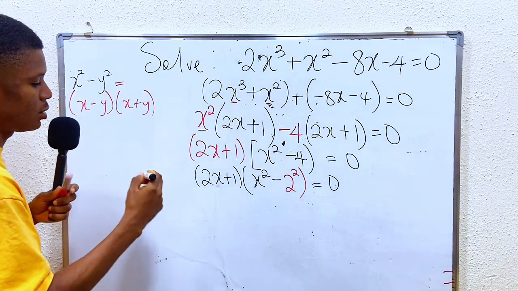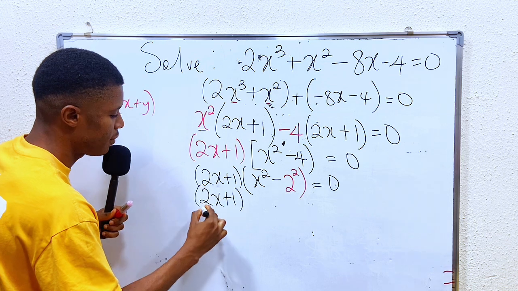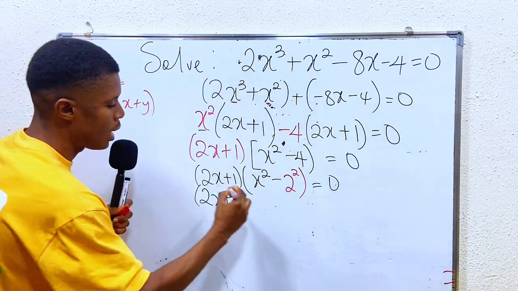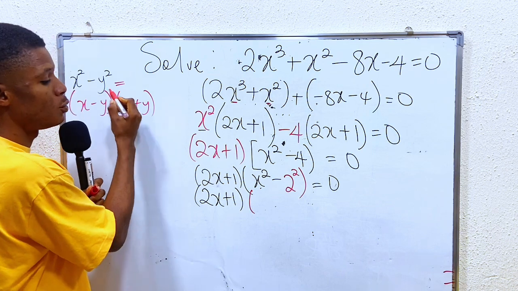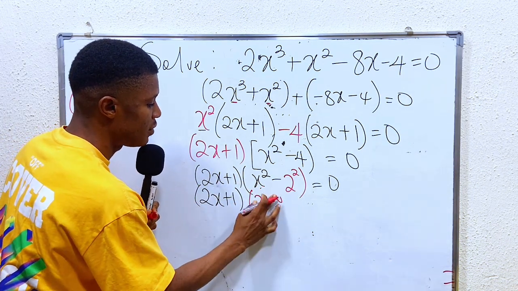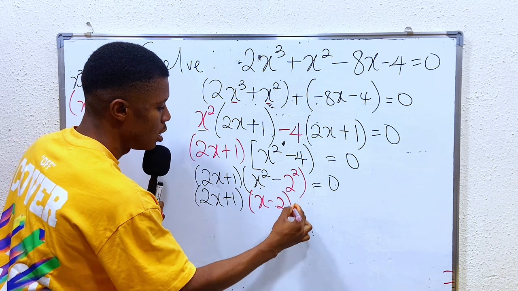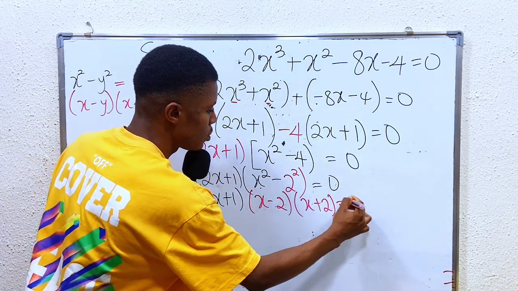If you agree with this, we can have it as 2x plus 1, which is the first term, into applying difference of two squares. x will now be x here and y will now be 2. So if you apply it, you have it as x minus 2 into x plus 2, and that's equals to 0.